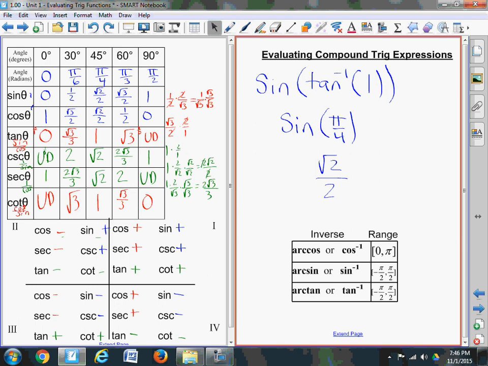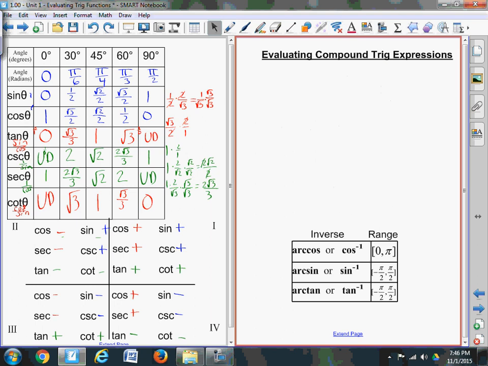All right, we could also flip that. So maybe if I have the inverse on the outside, then we know that we should be getting an angle as our final output. Let's do something trickier. We'll do the inverse tangent of the cosecant of 90 degrees, so pi over 2.